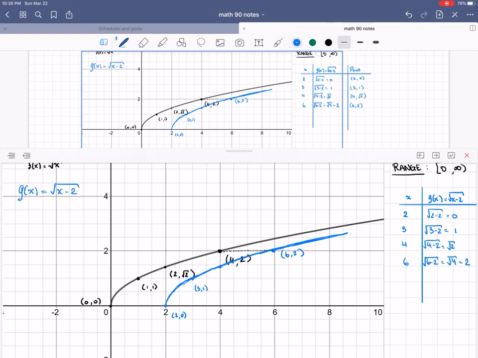For example, here, there's 3, 1. If I dot over to the left, there's the point on the graph of f, and its y-coordinate is also 1, but its x-coordinate is 2 smaller. By that same token, here's the point 2, 0. If I dot over to the left, there's the point on the graph of f, same y-coordinate, but the x-coordinate is smaller by 2.